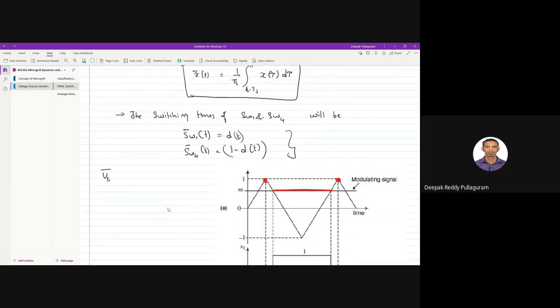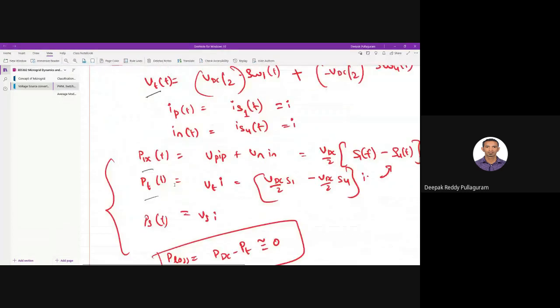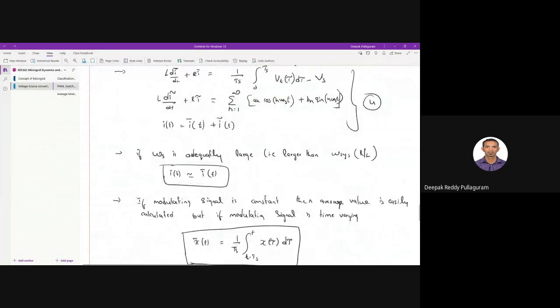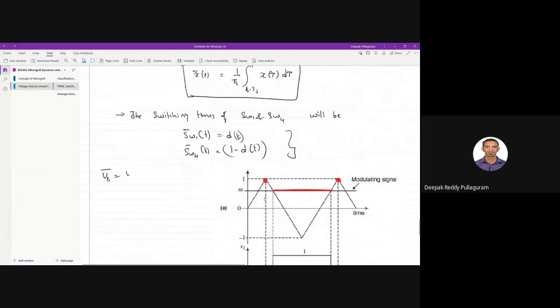Now, the average value of voltage VT, if you substitute these terms, is VDC by 2 SW1 minus VDC by 2 SW4, that is VDC by 2 SW1 of t minus VDC by 2 SW4 of t. If I substitute these values, what do I get? You should get VDC by 2 times (2D minus 1).